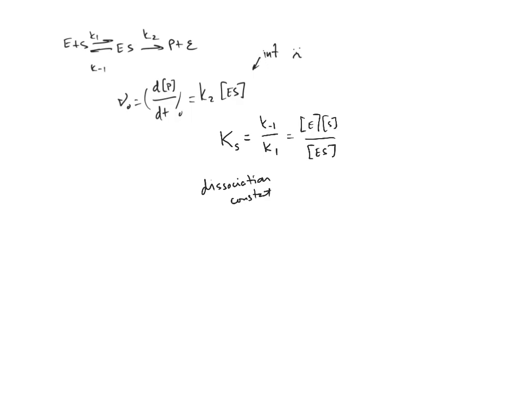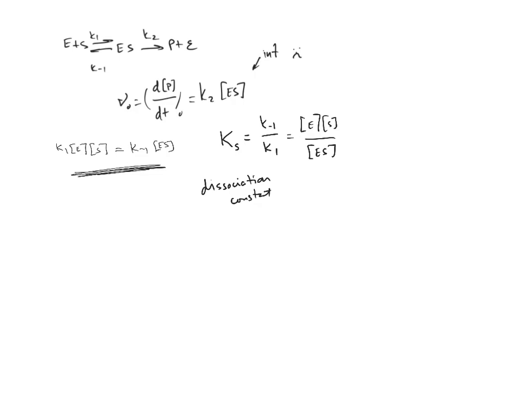Again, it's similar to something you've seen in the past, but not exactly. Remember when we would take the forward reaction and equate it with the reverse reaction to get an expression for the intermediate? We're going to do something a little different. We're going to rearrange the same equation, but not to isolate ES. We're going to define this dissociation constant term.